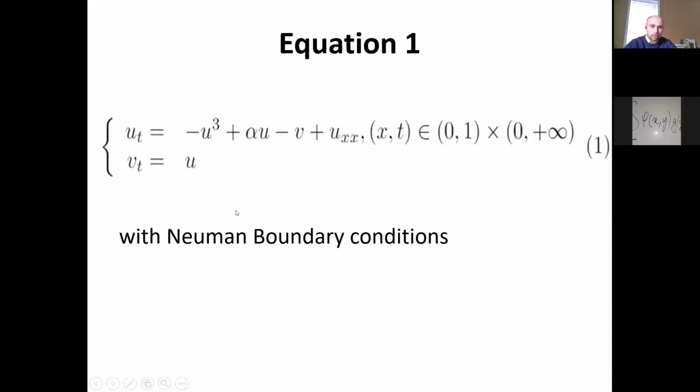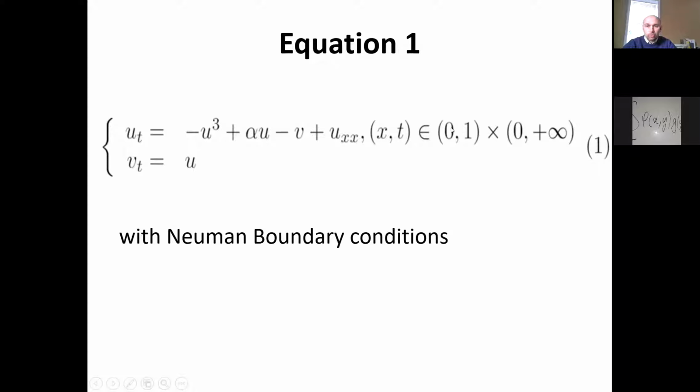So, this is the first equation. It's kind of a toy model for a more realistic equation. So what do we have here? As I said before, we are working in dimension 1 in space.